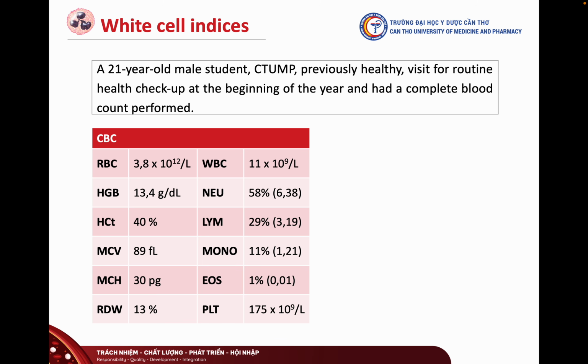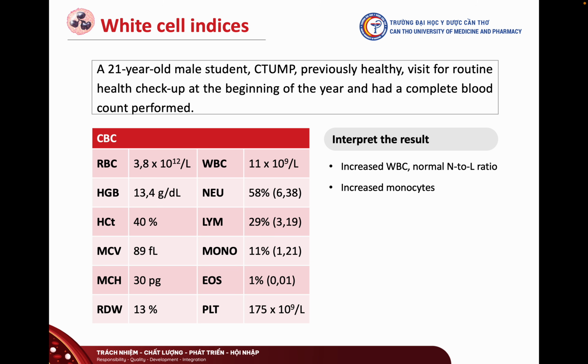Now, when we look at the result, the one thing that stands out is monocytes at 11%. That is clearly elevated. So the first question we should ask is, could this be blasts being misclassified as monocytes? That's something we always need to consider when we see monocytosis, especially if it is significant and our analyzer cannot distinguish the monocytes or lymphocytes from the blasts.